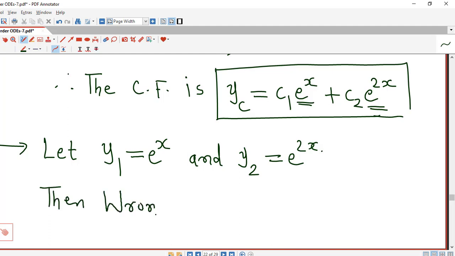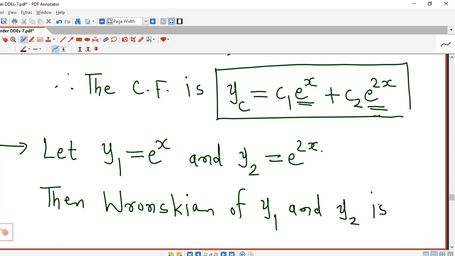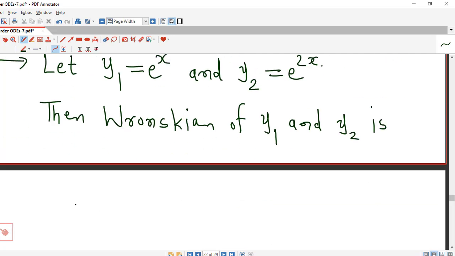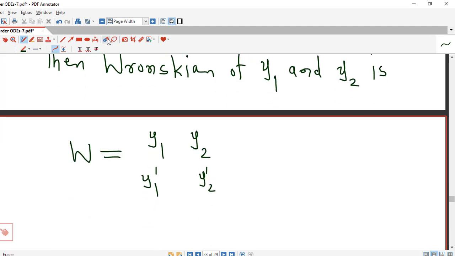The Wronskian is given by the determinant with first row as y1 and y2, second row as first order derivatives y1 dash and y2 dash.